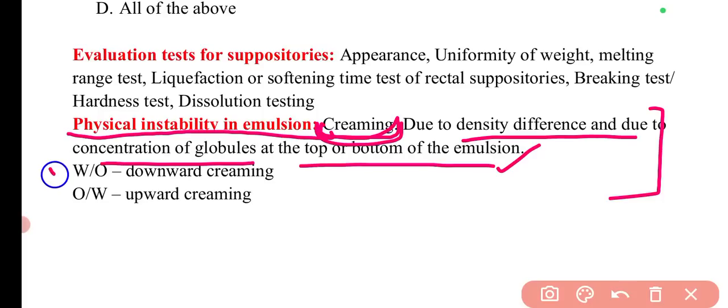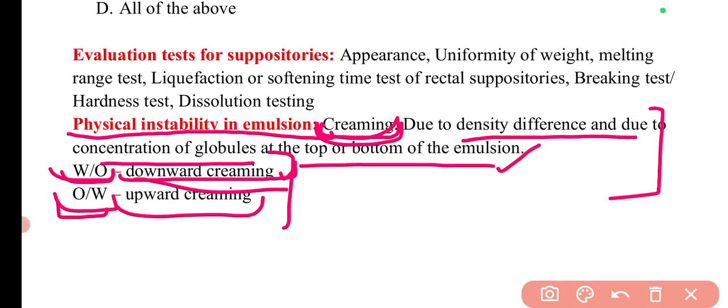In the two types of emulsion, water in oil and oil in water, a question can be asked like: downward creaming is observed in which type of emulsions? In water in oil, oil is in higher quantity, so it will be downward creaming. And in oil in water, it will be upward creaming.